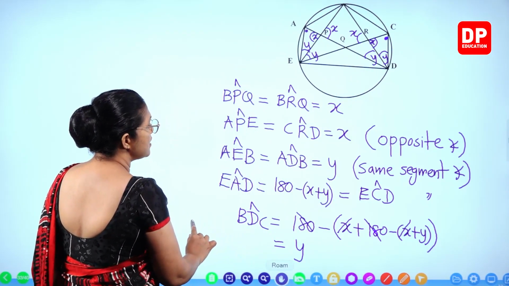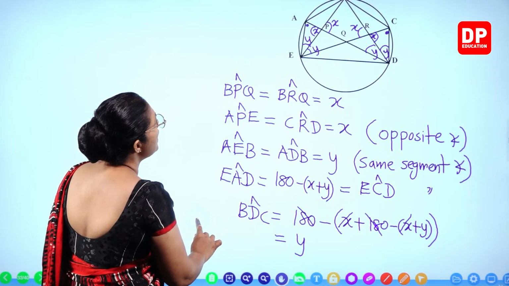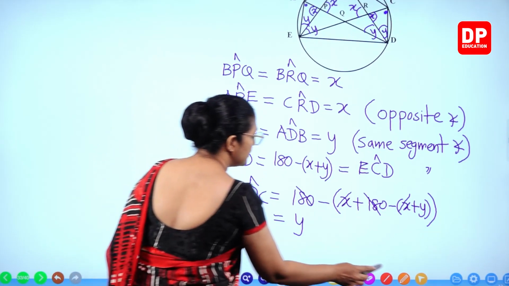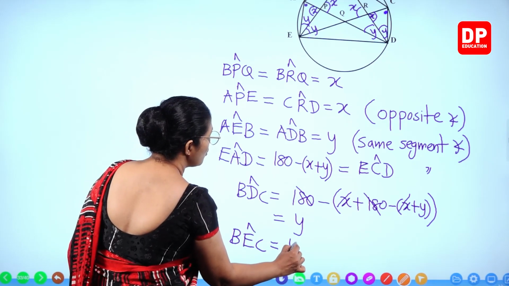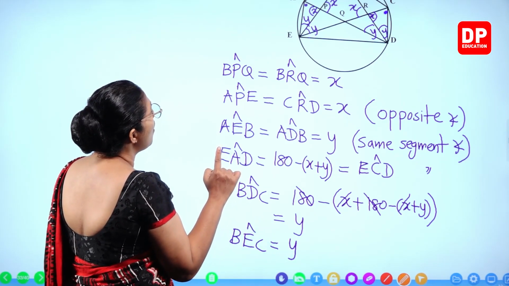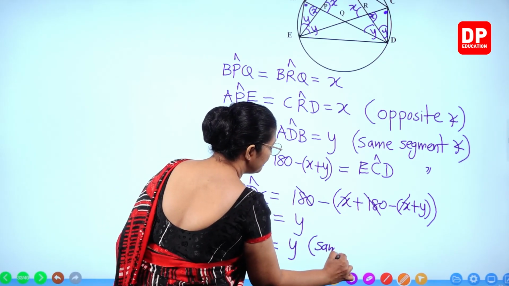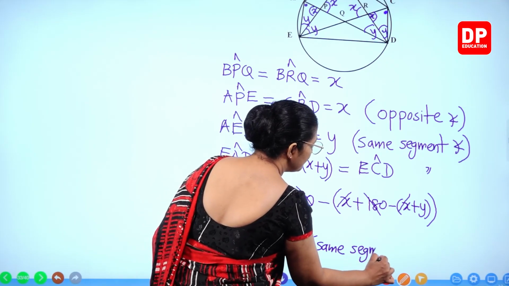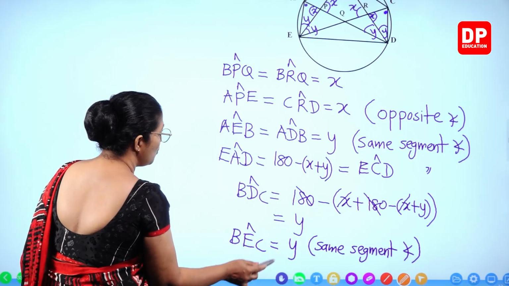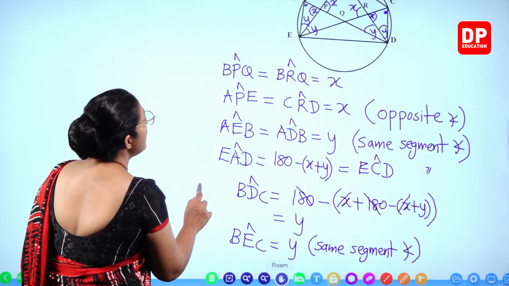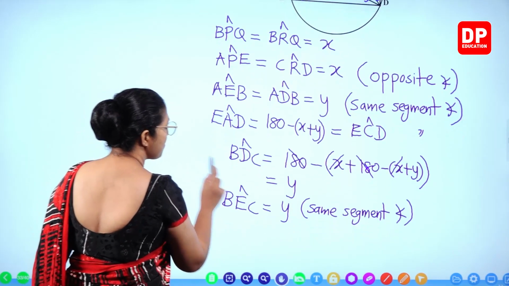Then you can write, if that is Y, BEC angle is also Y because same segment angles. Now we have the two angles equal. AEB angle and BEC angle both are equal.